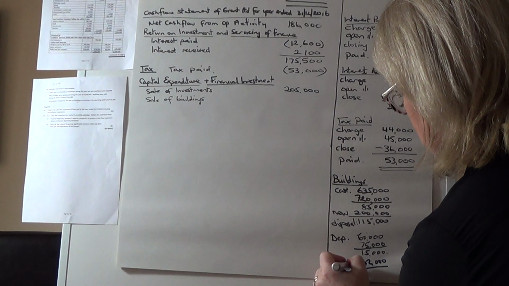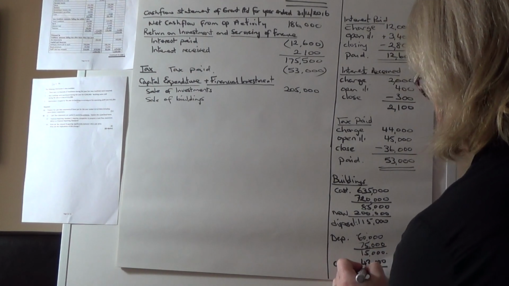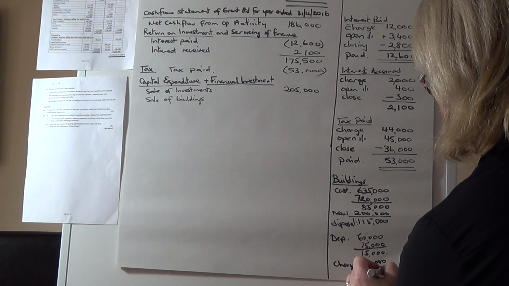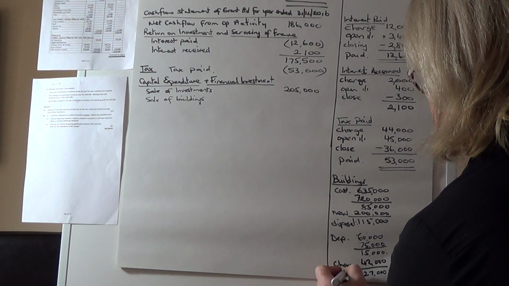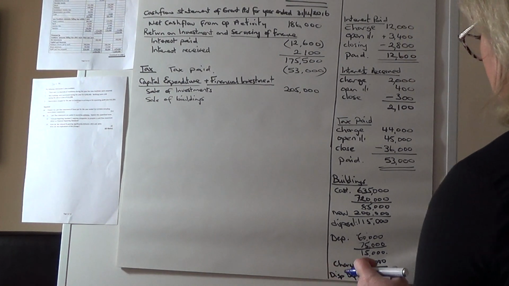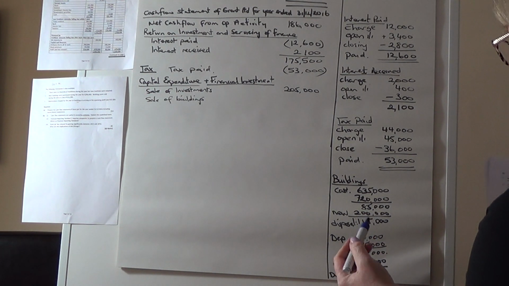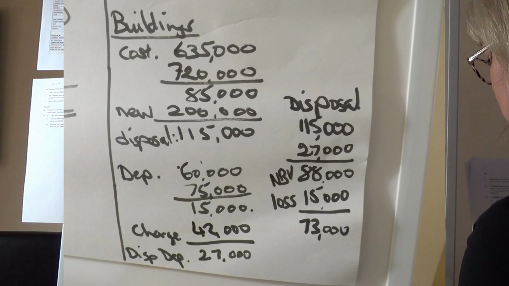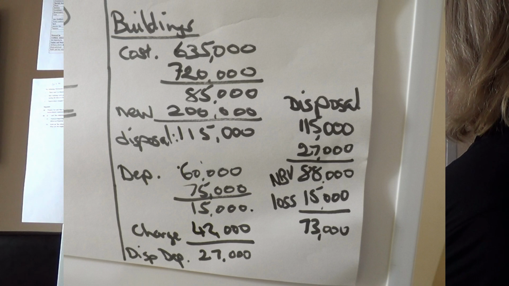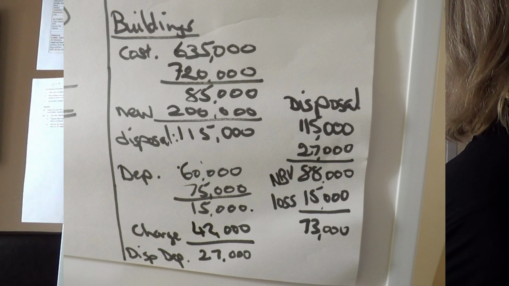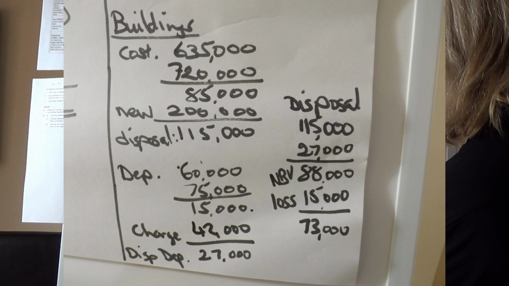So the difference then between the two of those is the 27,000, and that's the disposal depreciation that we must have charged and taken out of accumulated depreciation. So therefore the building that I had cost 115,000. So just to clarify, on the disposal I had a cost of 115,000.